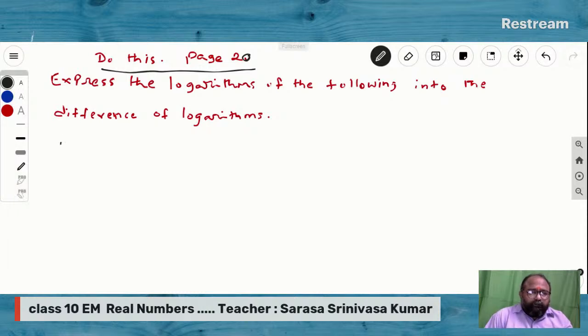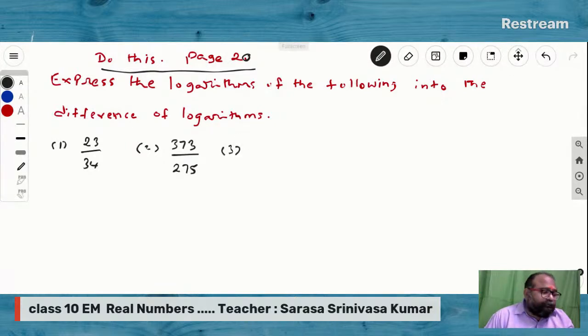The first problem, 23 by 34. Second problem, 373 by 275.